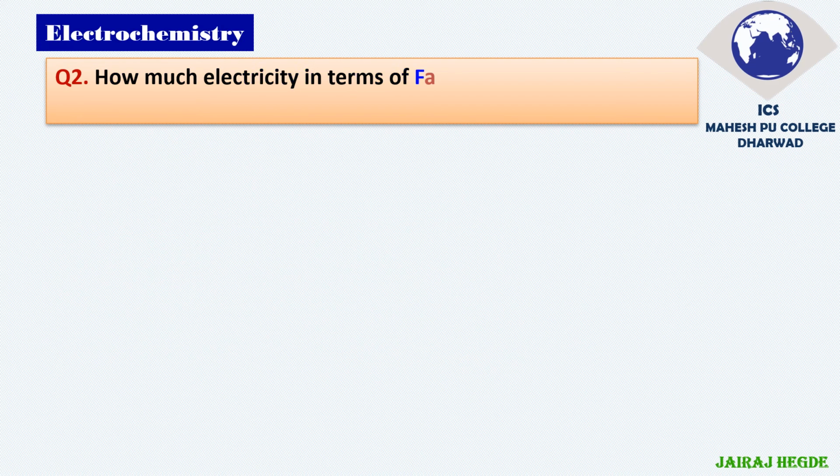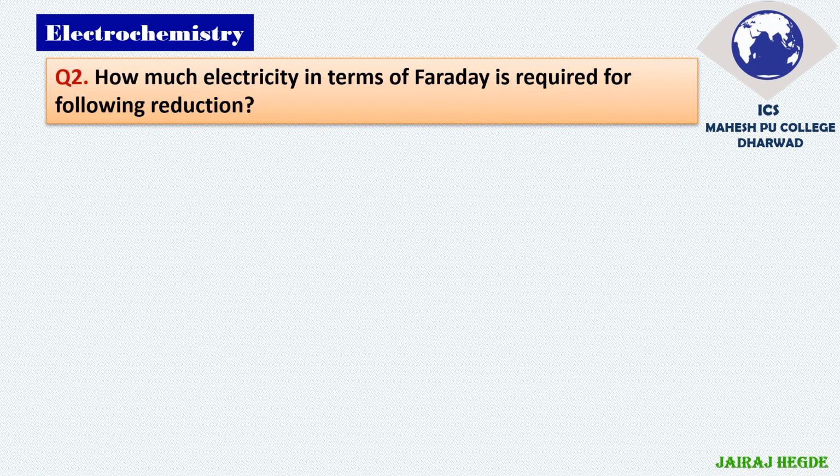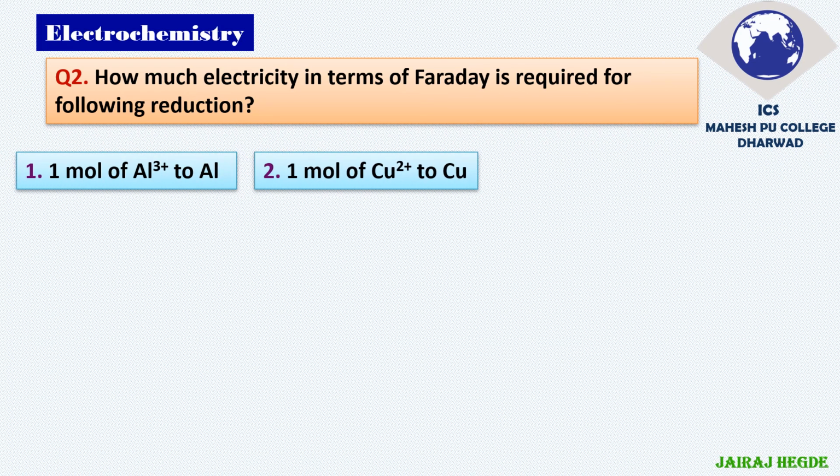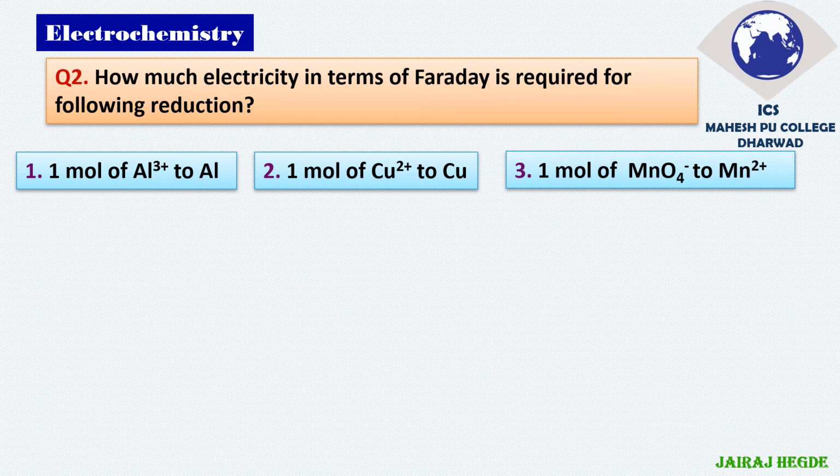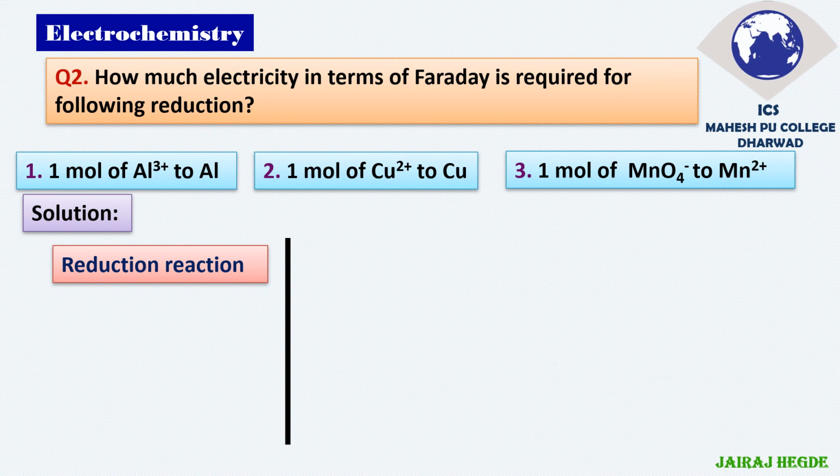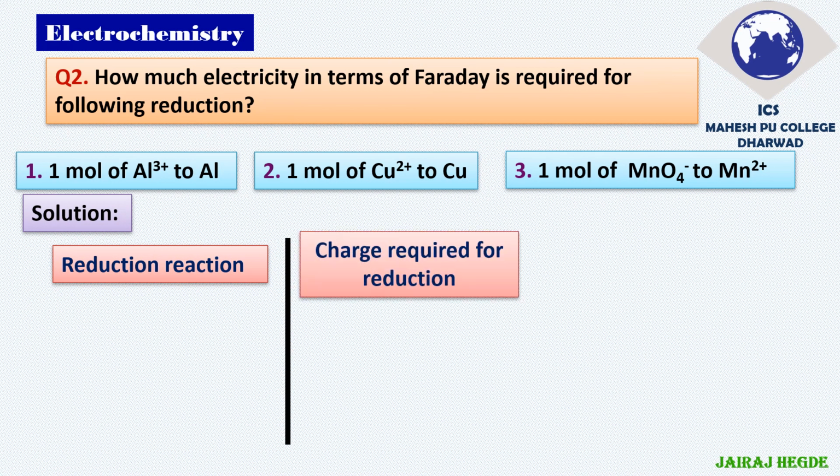Let's have another problem. How much electricity in terms of farad is required for the following reductions? 1 mole of Al3+ to Al, 1 mole of Cu2+ to Cu, 1 mole of MnO4- to Mn2+. First one we have already discussed, Al3+ to Al.